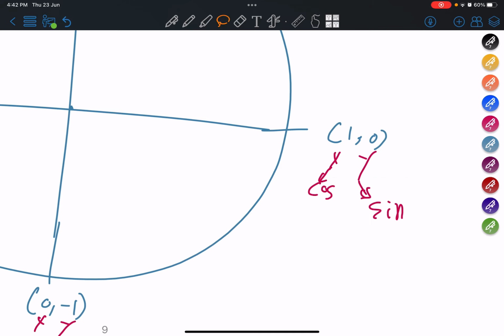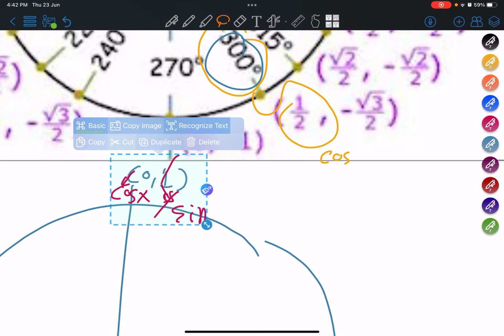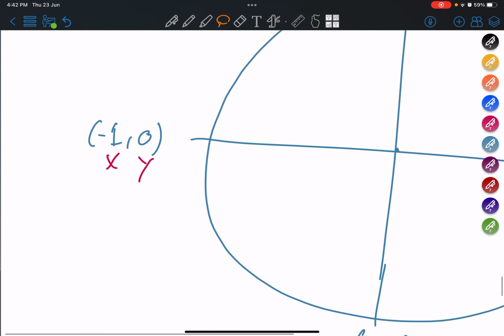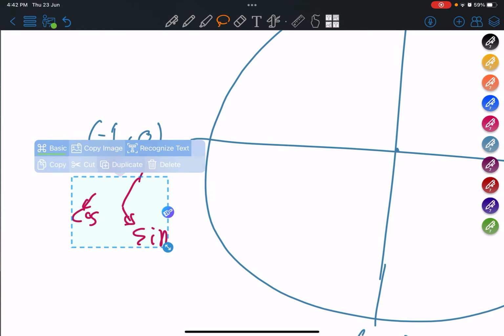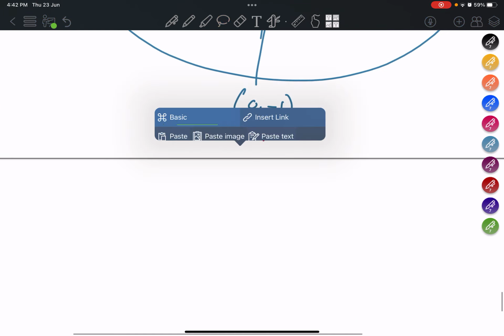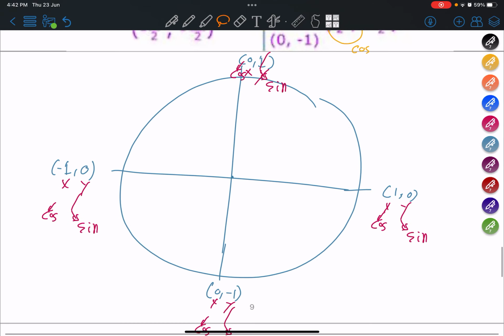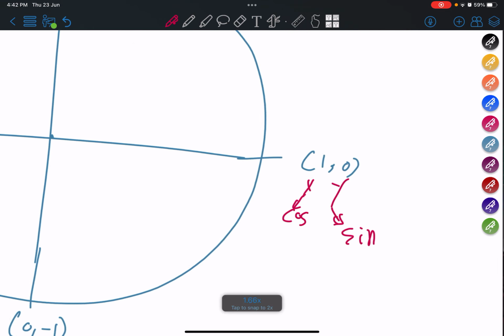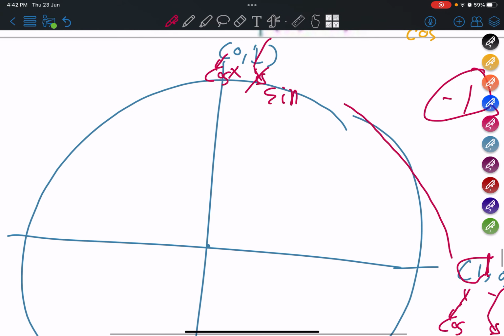So let's just get these two together. Copy. So here, this is for each of these. So finally, if we said that we want the cosine inverse of negative 1, and we already know that cosine is in the x value, so let's look for negative 1.